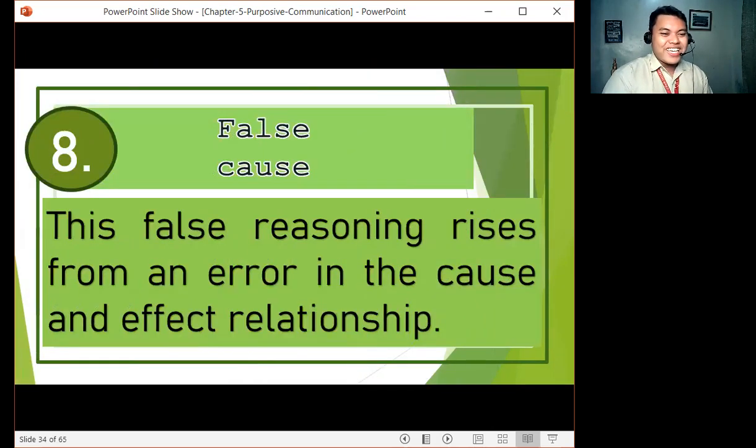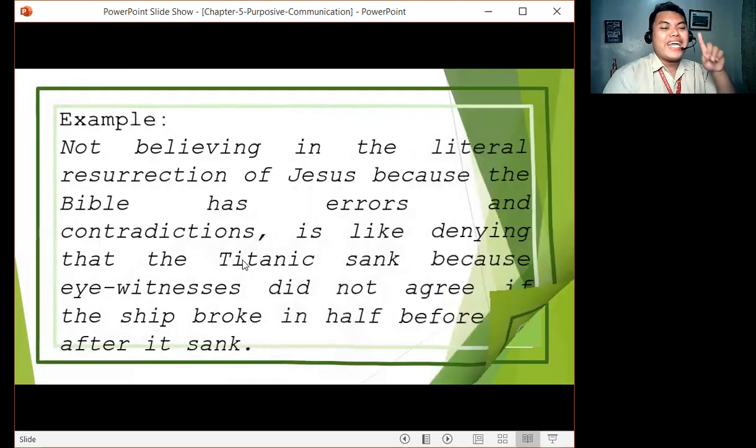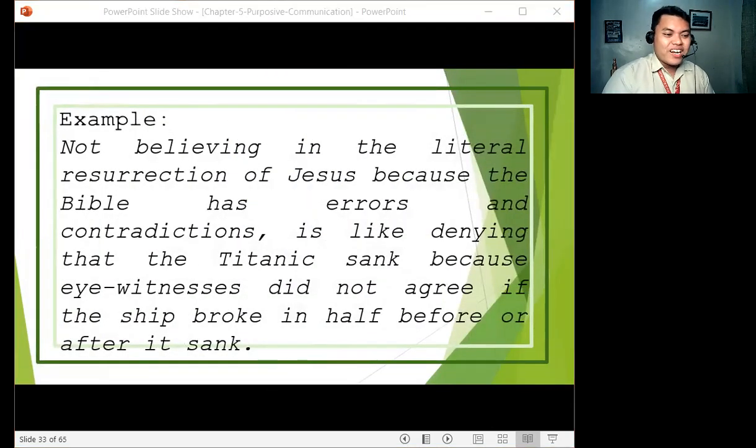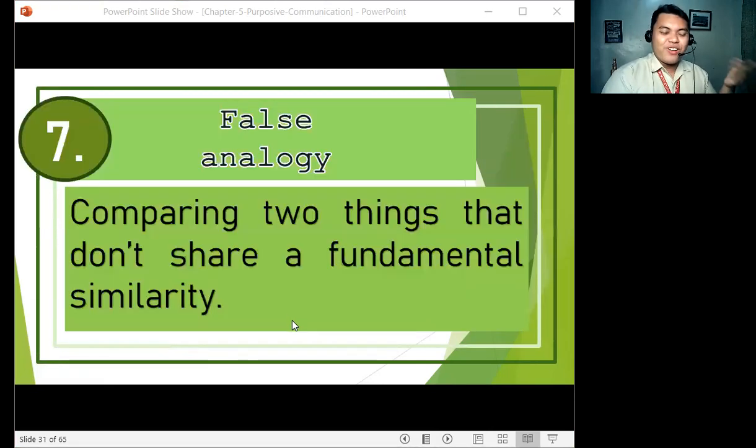In short, there is false analogy. Therefore, a false analogy is committed in reasoning because the analogy between a classroom test and an X-ray test is not clear at all. There is no connection. So that's what we call false analogy. You have to remember that if we say false analogy, there is a comparison of two things that are not related to each other.